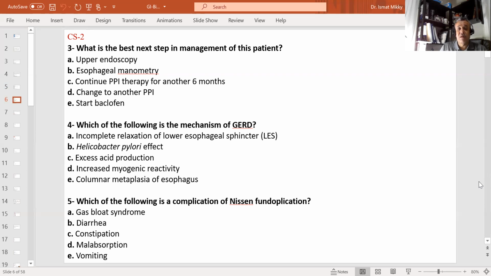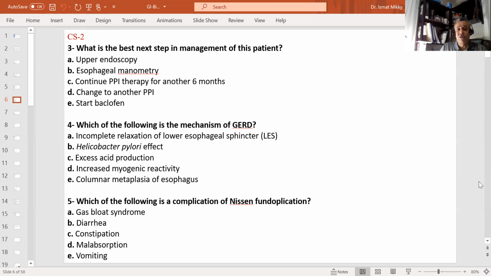These are the scenarios in which the anti-reflux surgery would be recommended: failed optimal medical treatment, non-compliance or refusal to take lifelong medications, or severe esophagitis, which is the inflammation of the esophagus. When it's severe, then the anti-reflux surgery would be recommended.